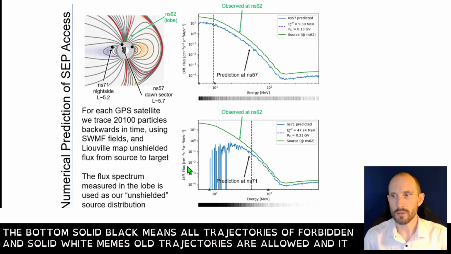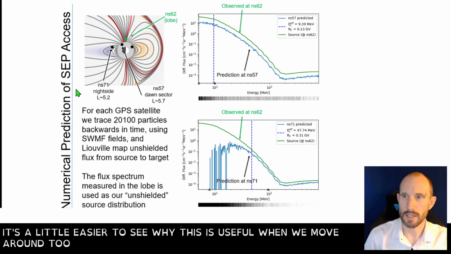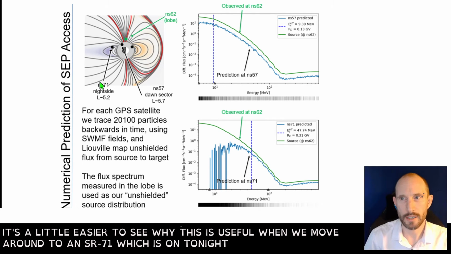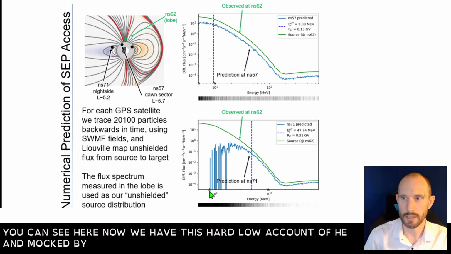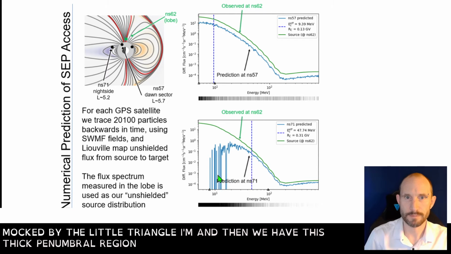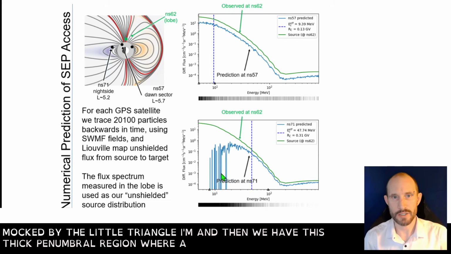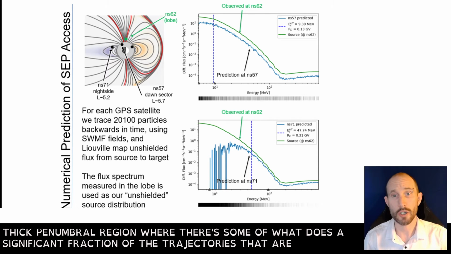And it's a little easier to see why this is useful when we move around to NS71, which is on the night side at L of 5.2. And you can see here, now we have this hard lower cutoff marked by the little triangle. And then we have this thick penumbral region where there's a significant fraction of the trajectories that are not allowed.